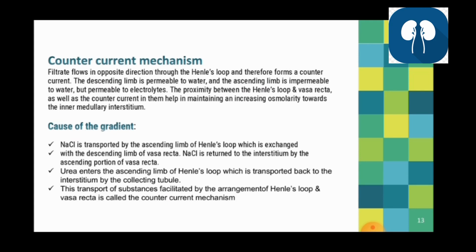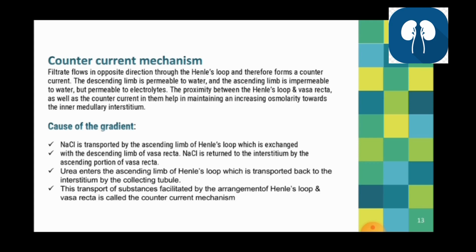Now what actually happens in countercurrent mechanism? Children, mammals have the ability to produce a concentrated urine, and the Henle's loop and vasa recta play a very significant role in this. The flow of filtrate in the two limbs of Henle's loop is in the opposite direction, as we know, and thus forms the countercurrent.